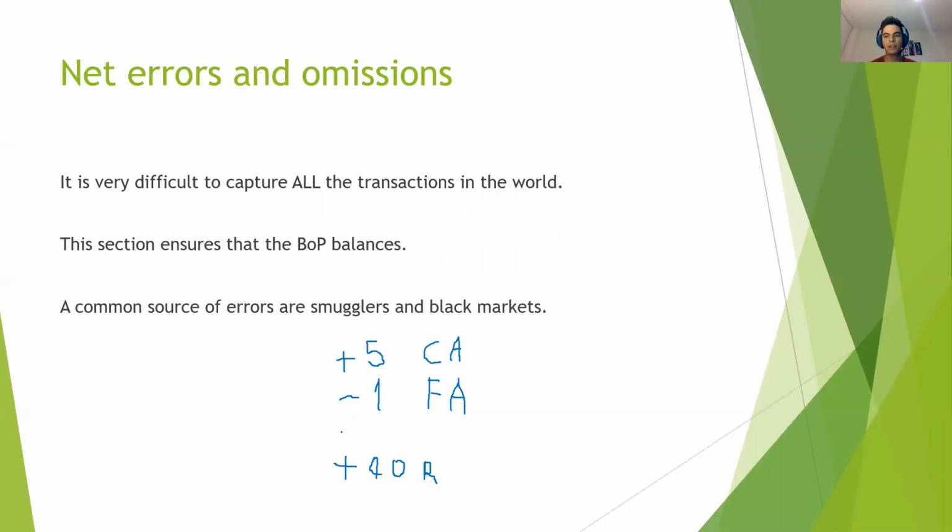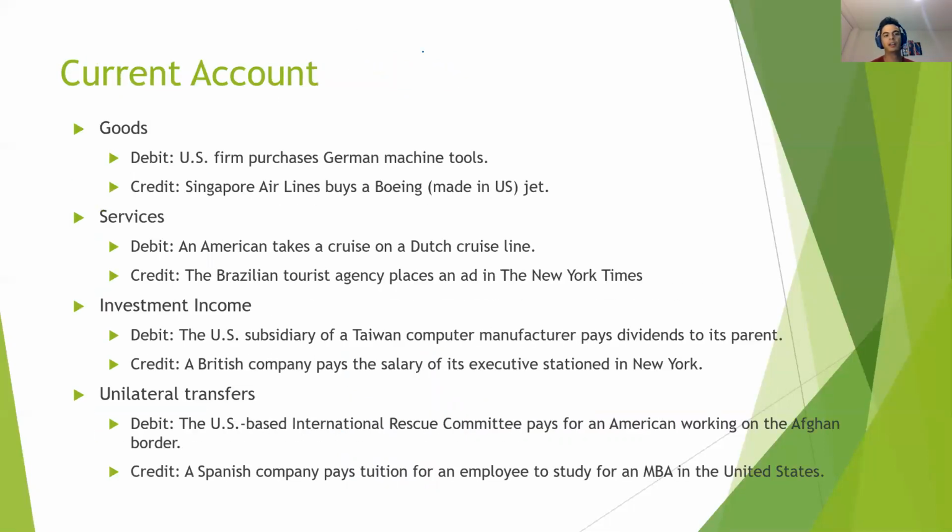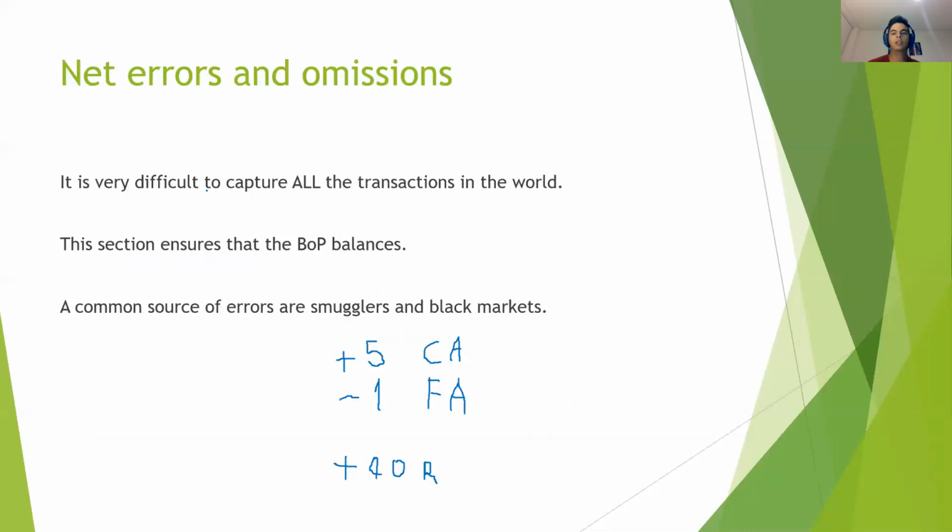But of course, those transactions are not registered here because it's not legal. Maybe if it becomes legal, it might appear here, but right now it's not legal. So that money never appears in the government's database. So in the end, Mexico ends up with more money than what they are supposed to have.